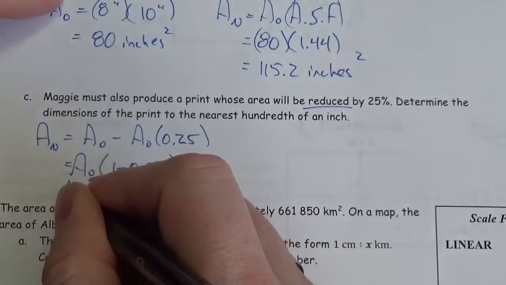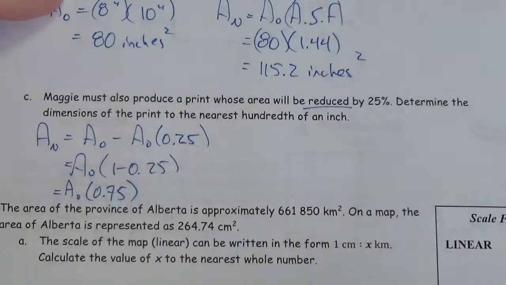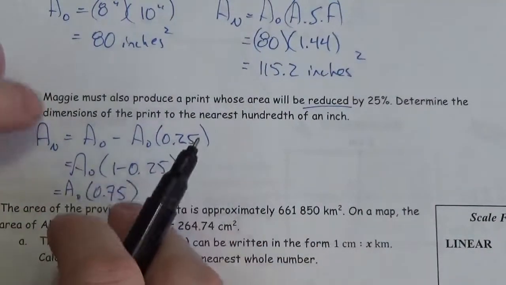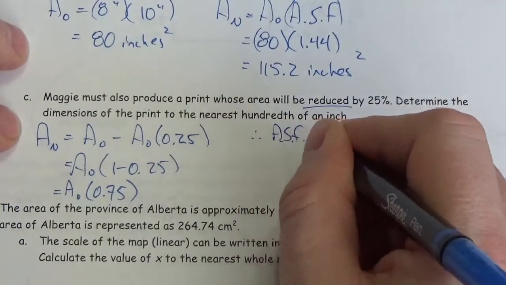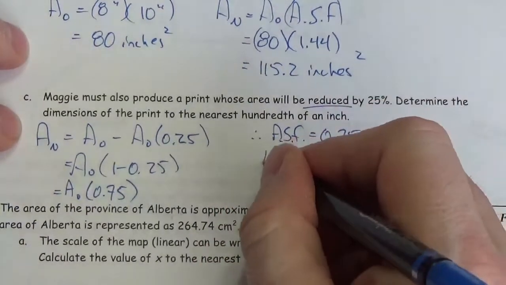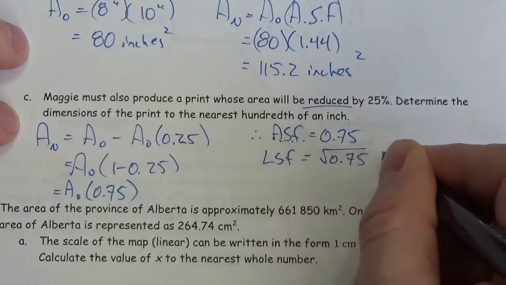For some of you, you probably just did this in your head real quick. This really means that the area that we're finding is 75% of the original. That's the new area here. Based on how I interpret this, that means my area scale factor is going to be 0.75. So if I want the linear scale factor, it's going to be the square root of 0.75.